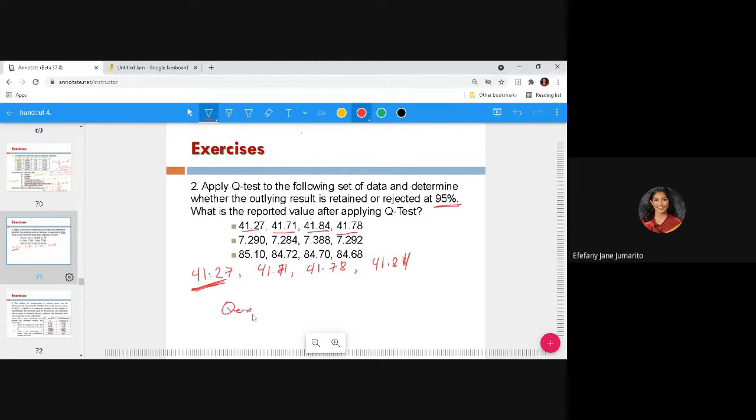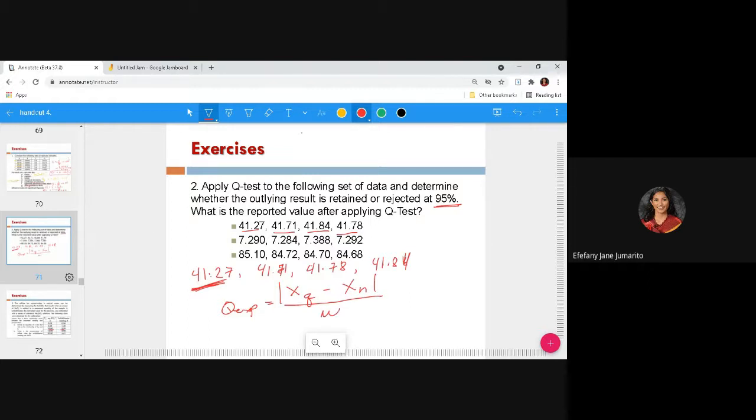Okay, so we have that one. Q experimental is equal to the questionable data, 41.27, calculate. We have X Q, questionable, minus X N, the neighboring. Okay. It's an absolute value, so if it's negative it becomes positive because it's absolute. Then divide that with your spread.